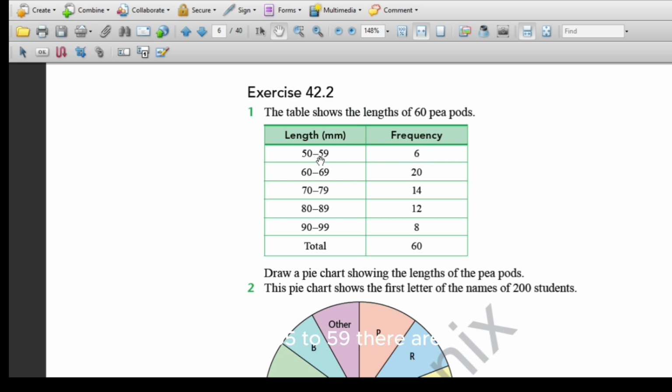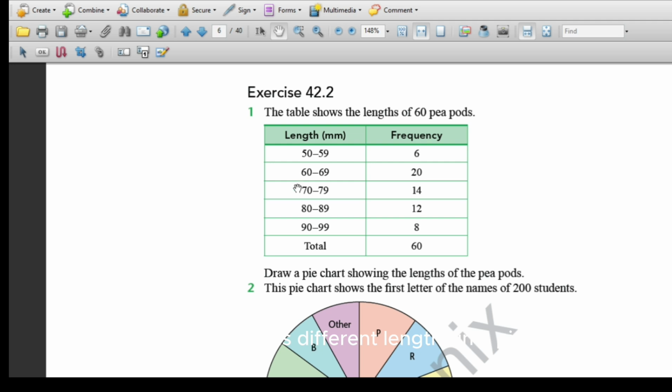So for 55 to 59 there were 6, for 60 to 69 mm length there were 20 pea pods, for 70 to 79 there were 14, for 80 to 89 there were 12, and for 90 to 99 there were 8. The total frequency is 60 pea pods, and the occurrences of length in the different regions are 6, 20, 14, 12 and 8.